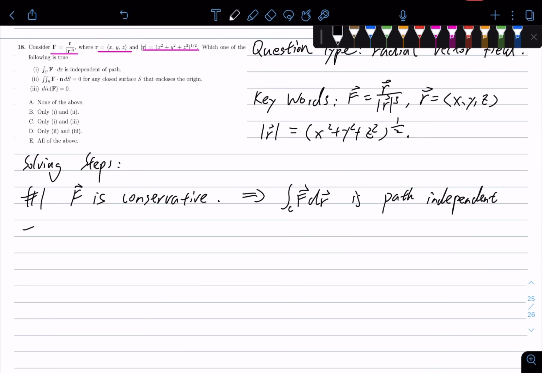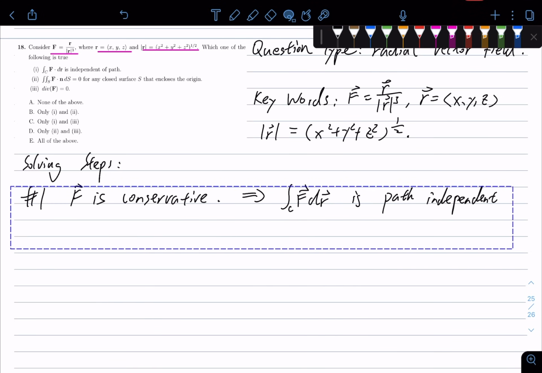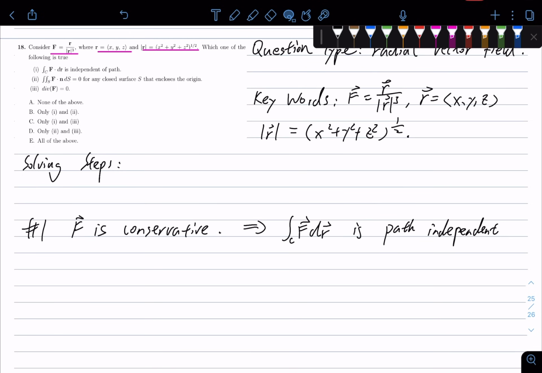Property number two. Oh, before I do that, let me bring some examples of what these vector field problems are. What are real life examples of these vector fields? Let's say a light bulb, or the Sun.